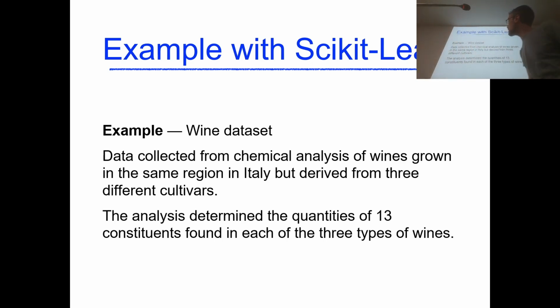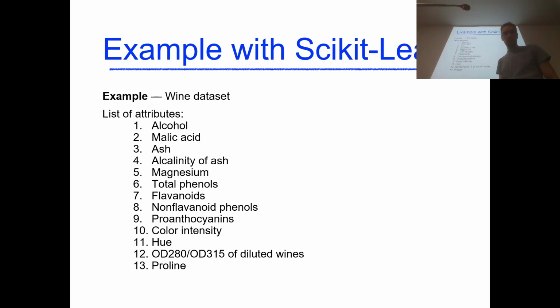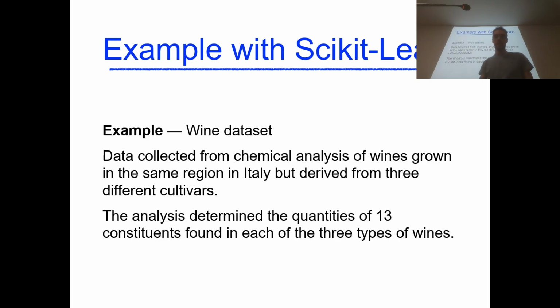As usual, as I anticipated, for every kind of technique we see, we also see a practical example. Again, the library of choice is scikit-learn, and we have this wine dataset that you can check in the code repo.